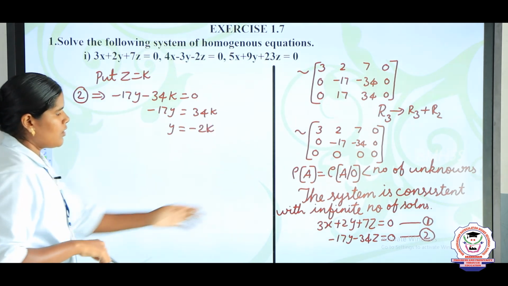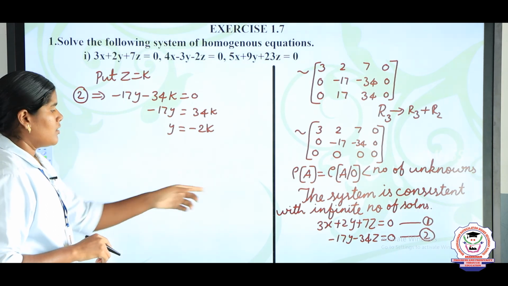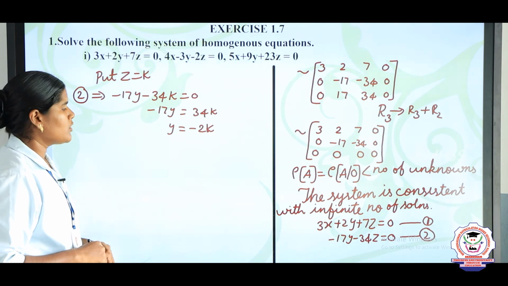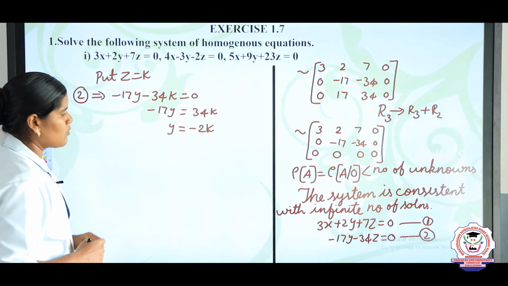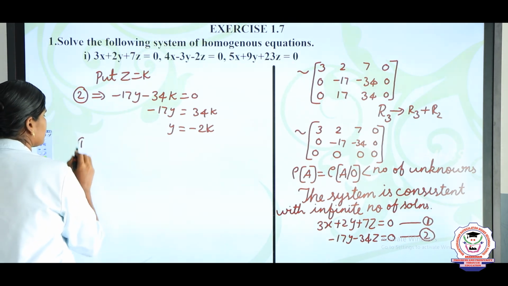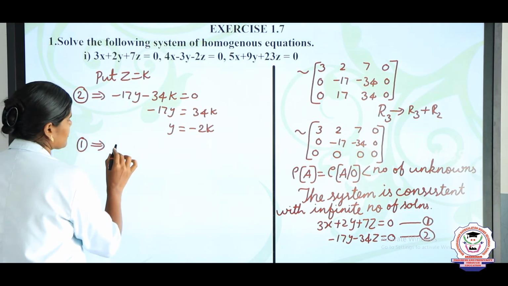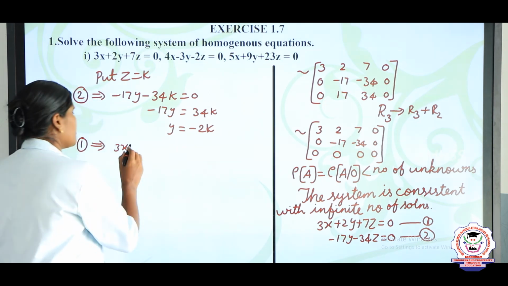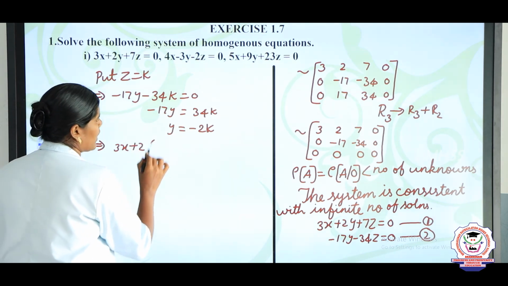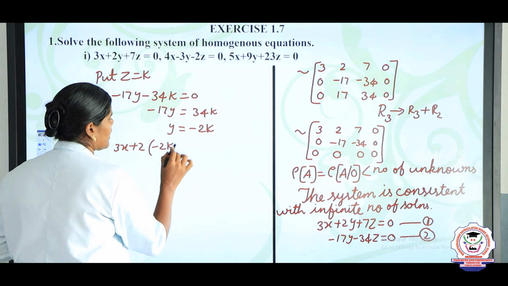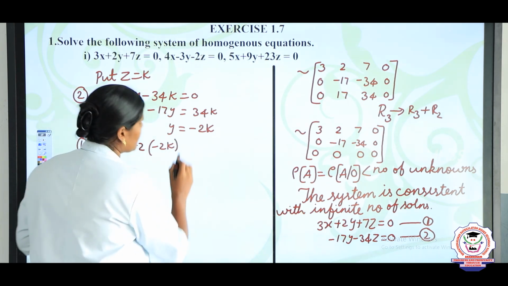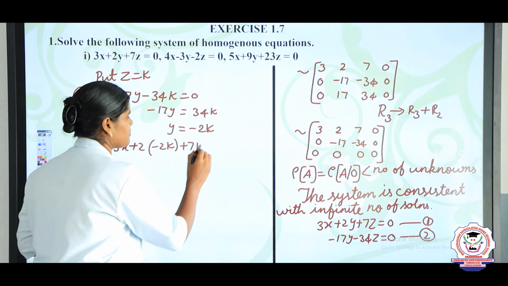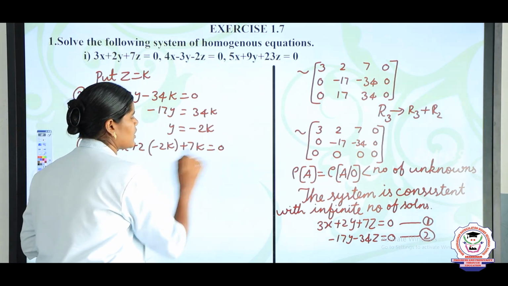Okay. Now, from equation 1 we have 3x plus 2y plus 7z. I am going to substitute these two values in equation 1, then we get 3x plus 2y, the value for y is minus 2k, and plus 7z, z value is k, which is equal to 0.